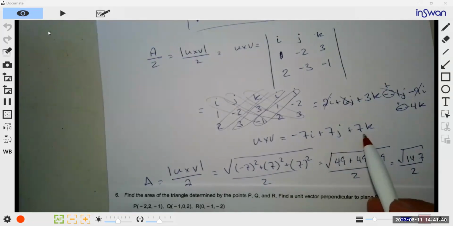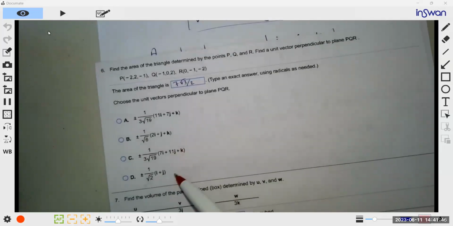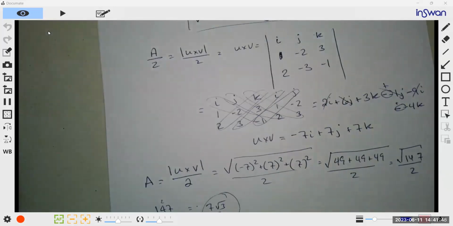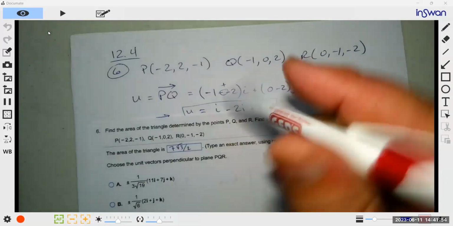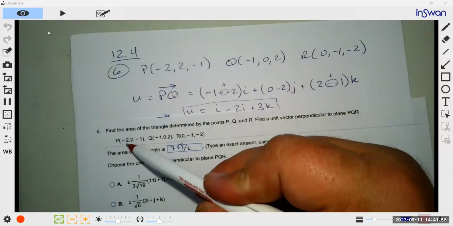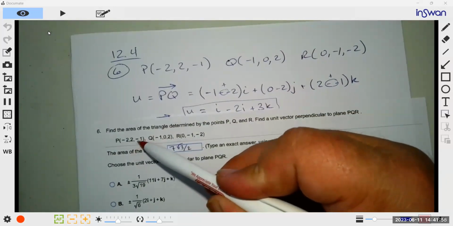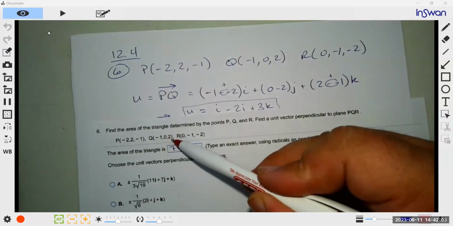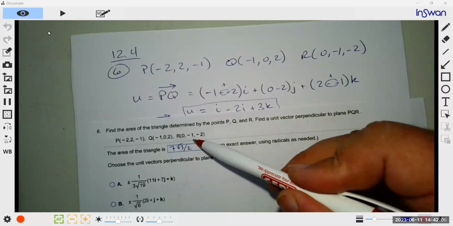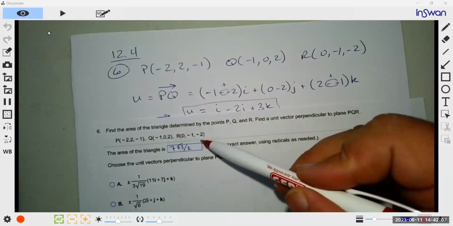Okay, this matrix doesn't show anywhere in the 3 options. So let me check to see if I wrote anything wrong. So number 6. P is -2, 2, -1, -1, 0, 2, 0, -1, -2.